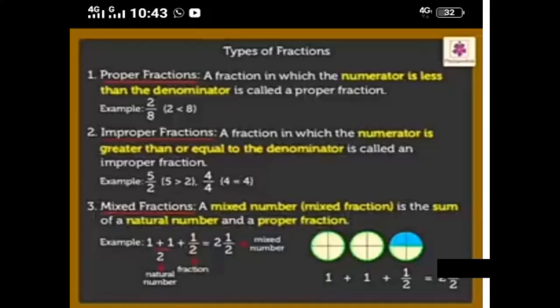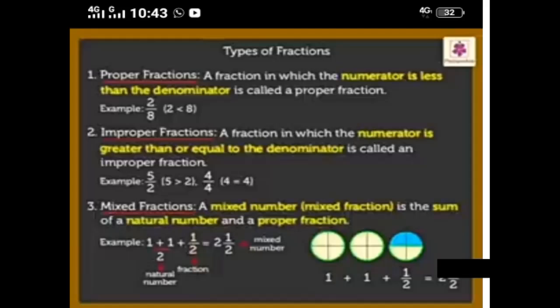The first circle is fully unshaded, so that is 1. The second circle again 1. 1 plus 1, what is the answer? 2. In the next circle, the unshaded portion is half. So the full portions, 1 plus 1, that is 2, is the natural number part.